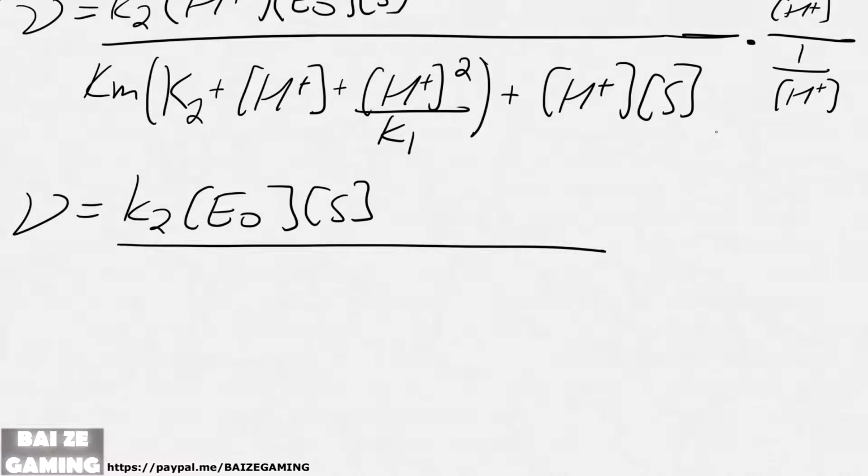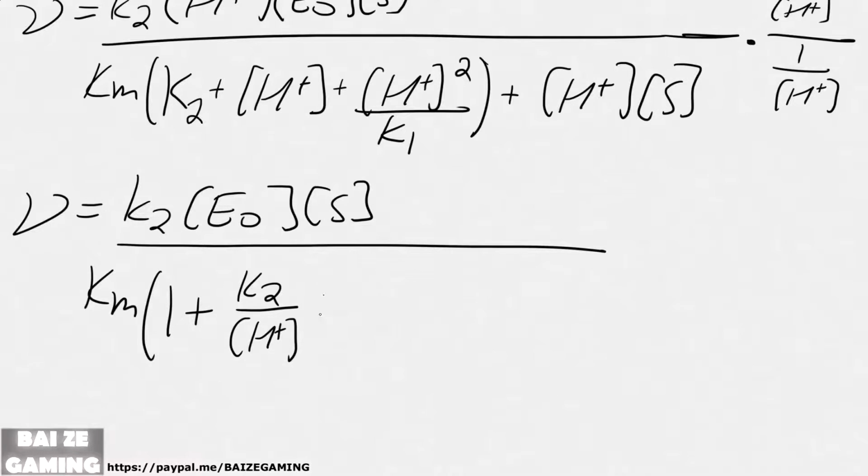Just gotta make sure you do it for all sides. So the 1 comes from dividing this one out. Okay, good. And then we'll just have S on that side.